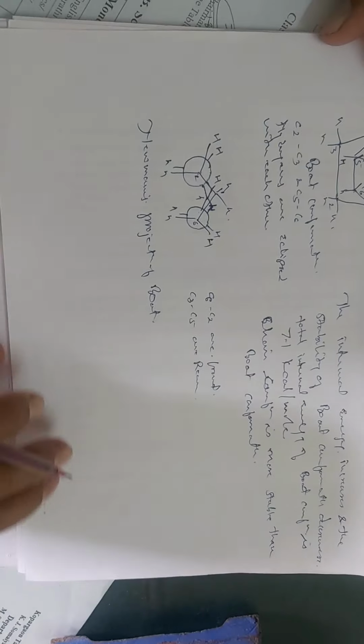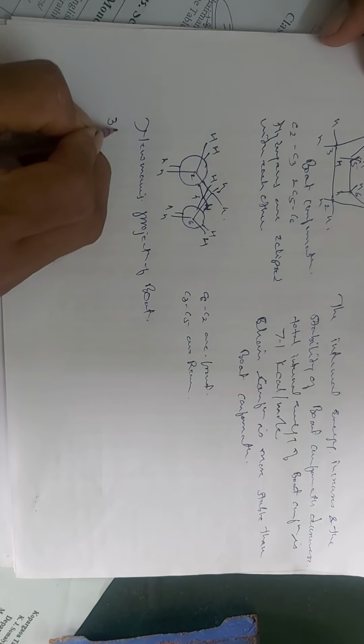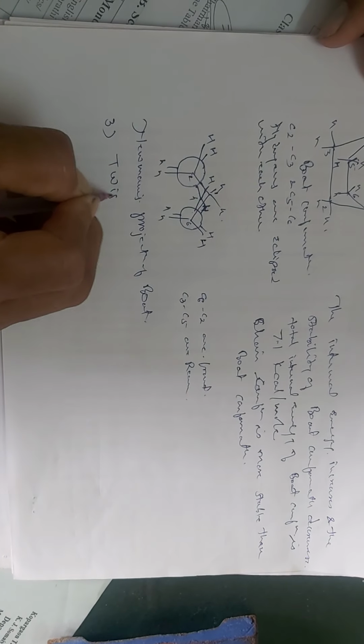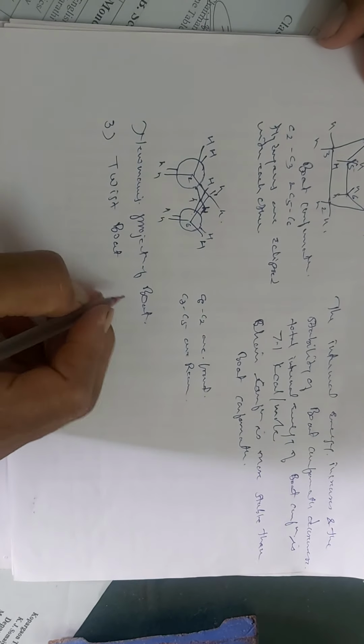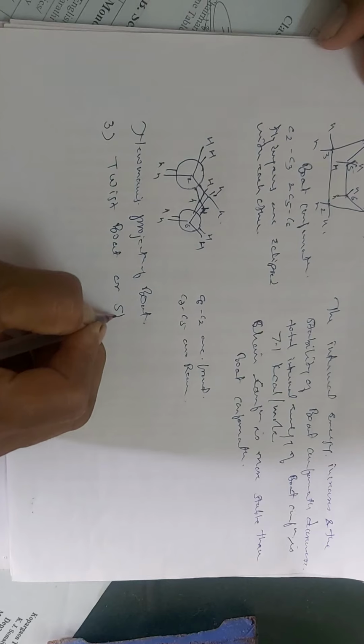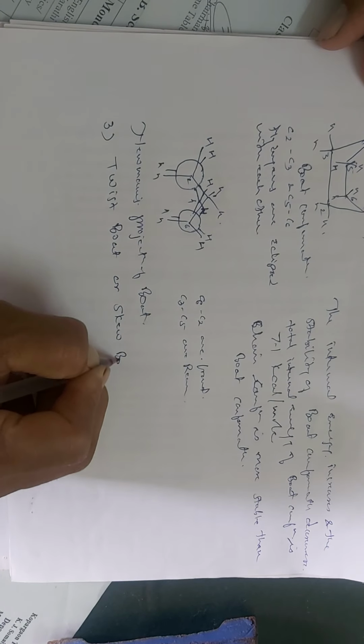Then comes your third conformation, that is twist boat, which you can also call the skew boat conformation.